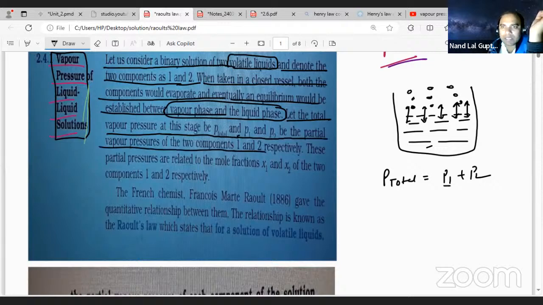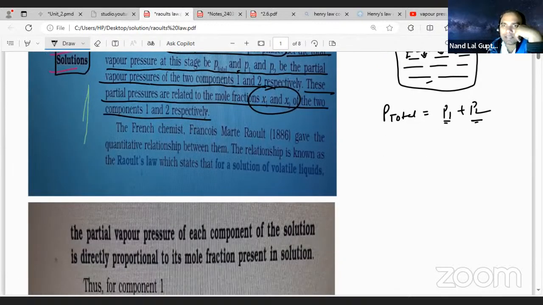These partial pressures are related to the mole fractions x1 and x2 of components 1 and 2 respectively: P1 equals P1 not x1 and P2 equals P2 not x2.